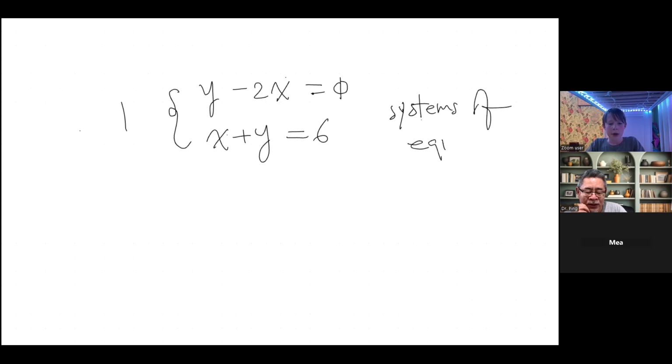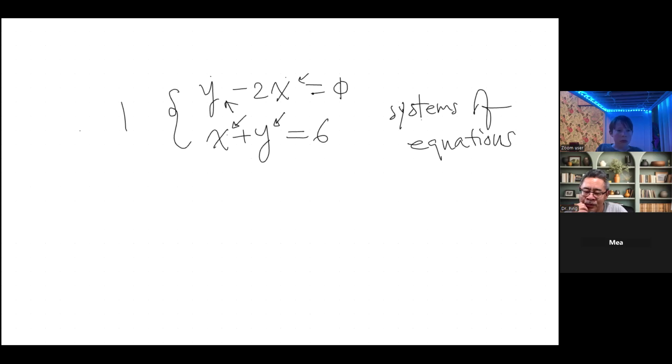Well, we call it a system because we got two equations, top one, bottom one. In this case, we got two equations and two unknowns. One is y, one is x. But this y and this y mean the same variable, and this x and this x mean the same variable.